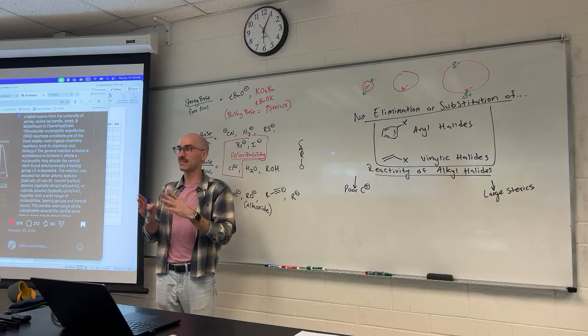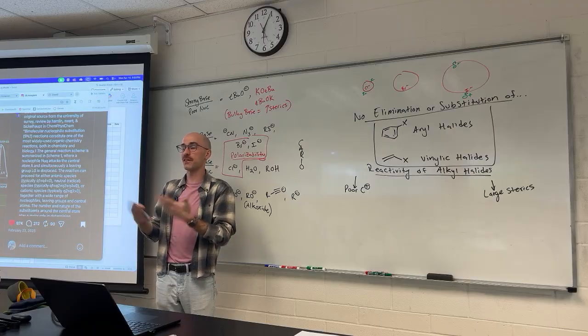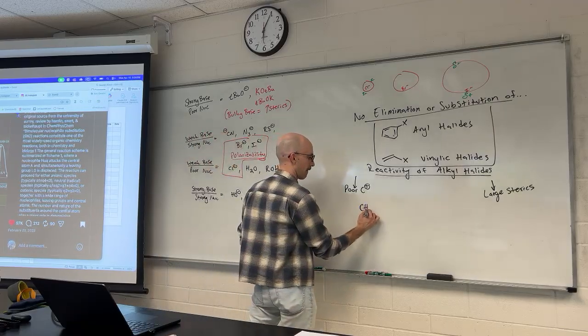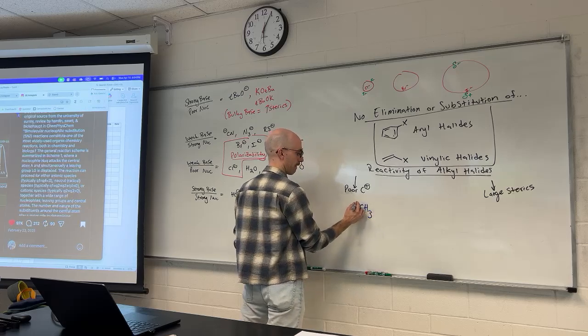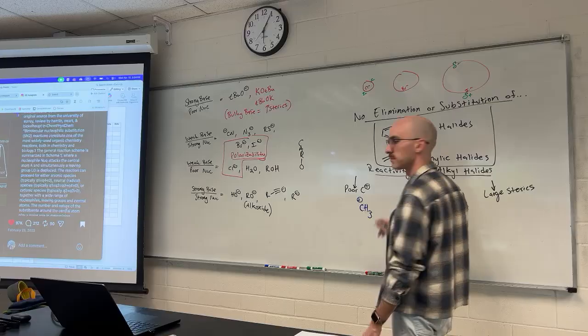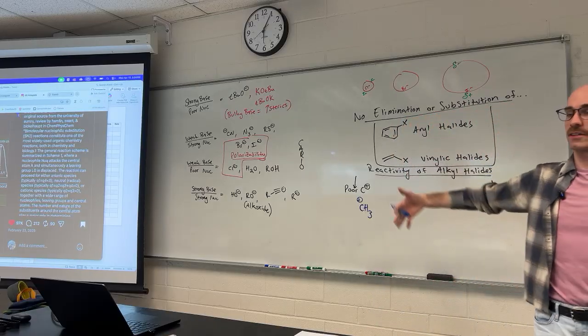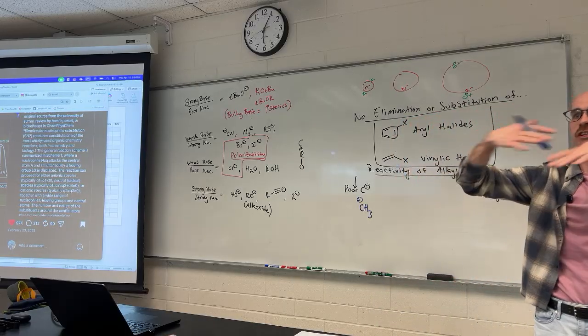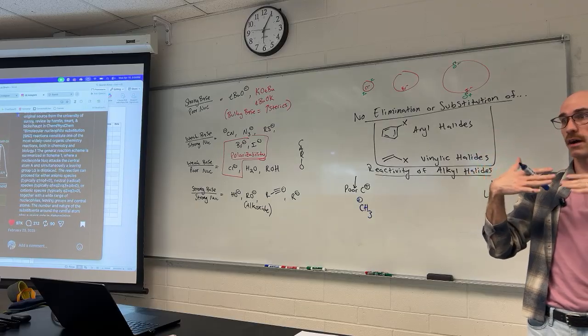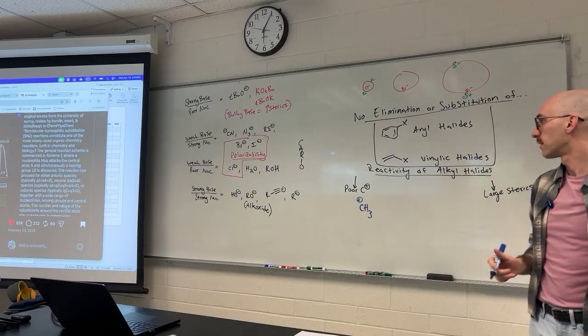Not quite resonance. It is because it's less substituted. Why does the substitution impact stability? It's got electron density around it, shielding that positive charge, donating electron density towards that positive charge, stabilizing it.